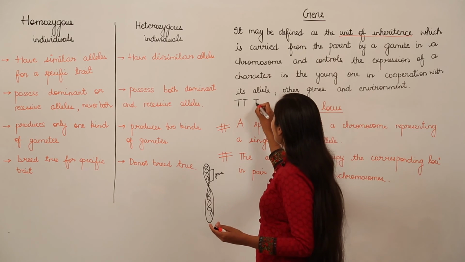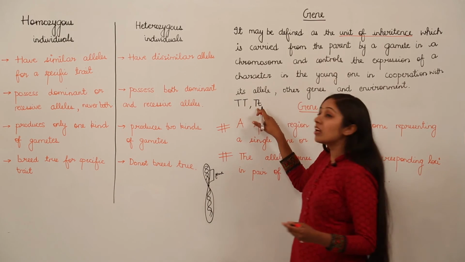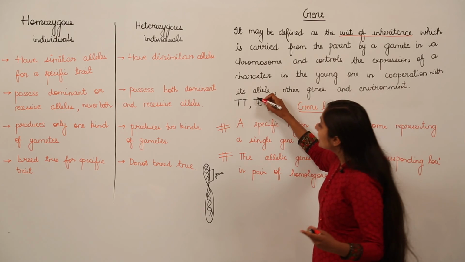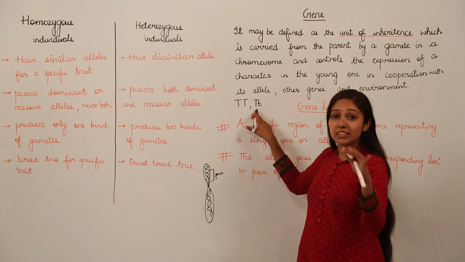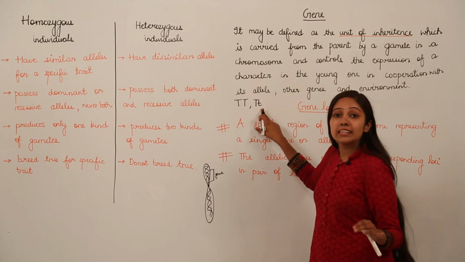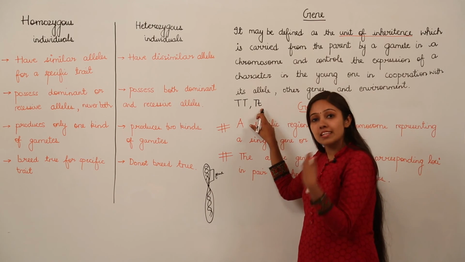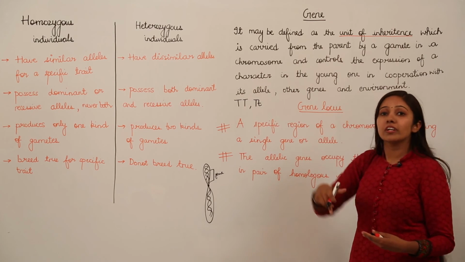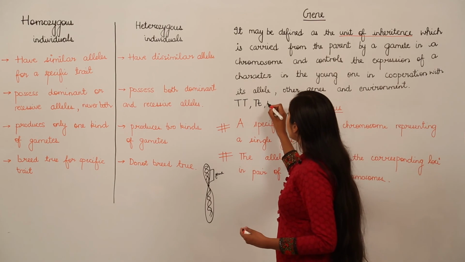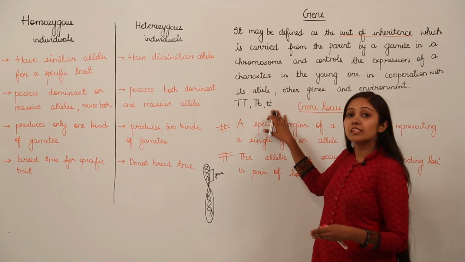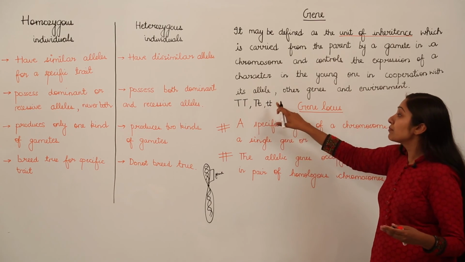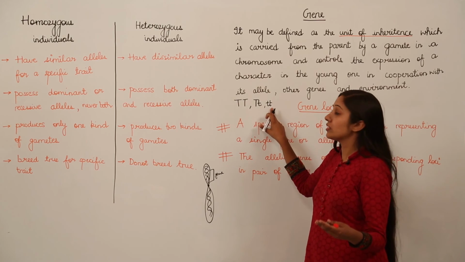If we have a pair like this, the expression will be a tall pea plant again, because when we write the uppercase letter, we denote that this is going to be the dominant character. When we write a lowercase letter, it means that this is going to encode for a recessive character. And when we write this, both lowercase letter t means they are going to encode for recessive character, and they will be expressed since there is no dominant gene here.